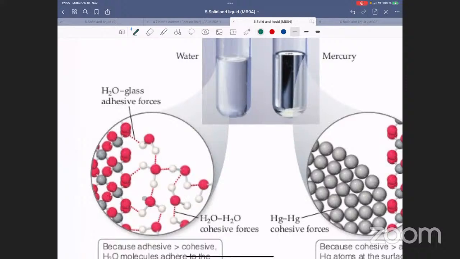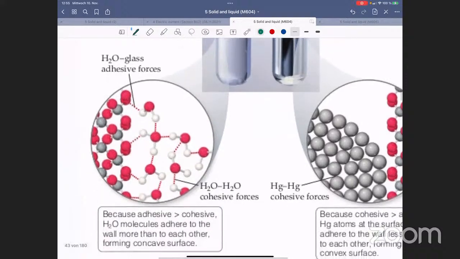Because this force is stronger than the force among water, it tries to bring the water around the capillary tube up. And that's the reason.